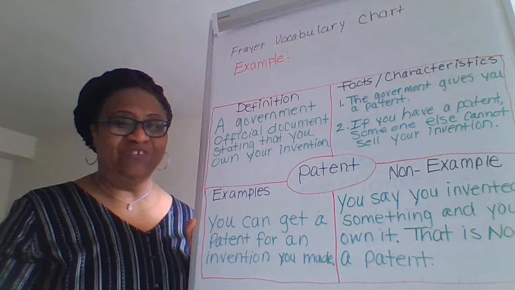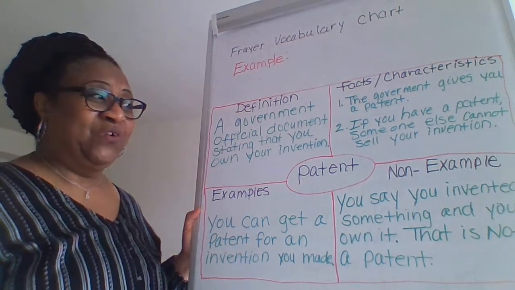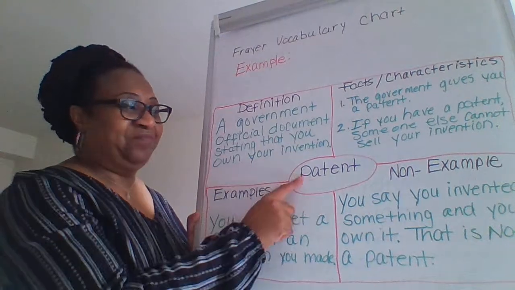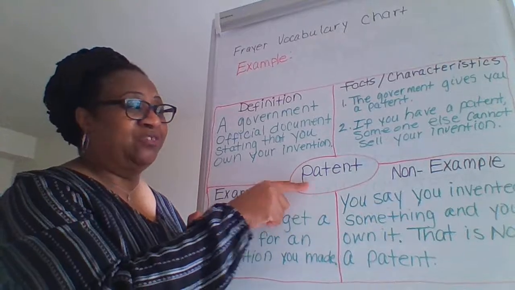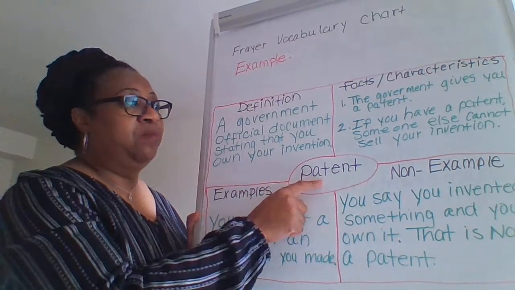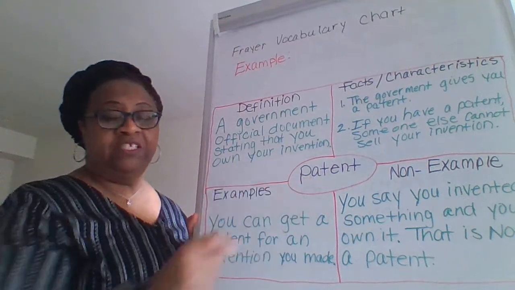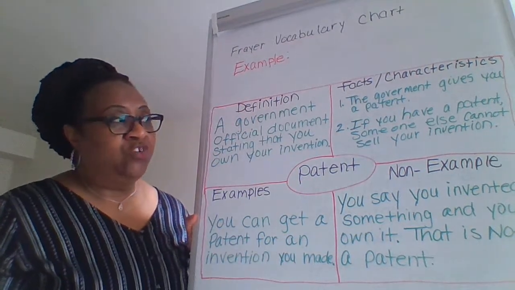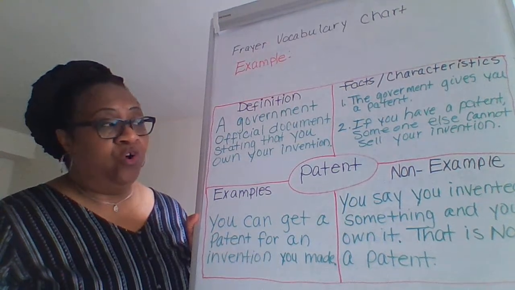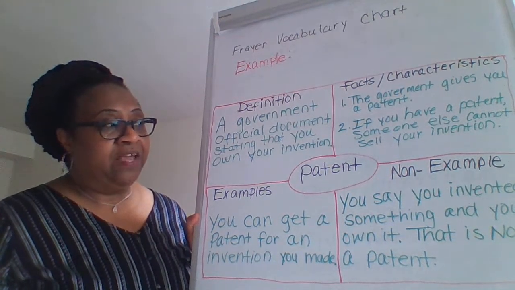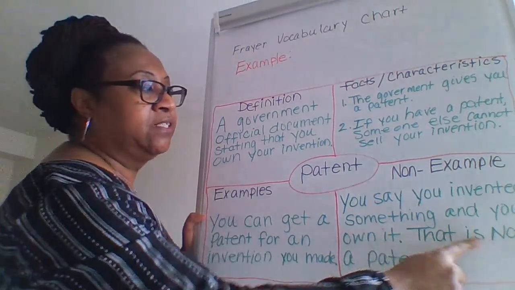No, that is not true. If you invented something and you own it, you are entitled to the ownership, but you must get a government official document in order for it to be a patent. Okay? So a non-example is: you say you invented something and you own it. That is not a patent. Well, it is true, the last sentence is true.